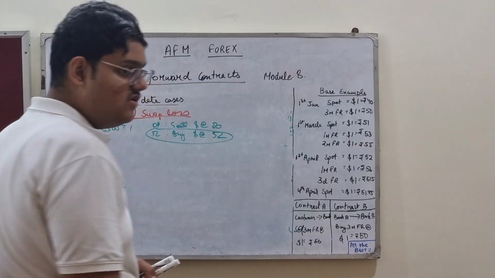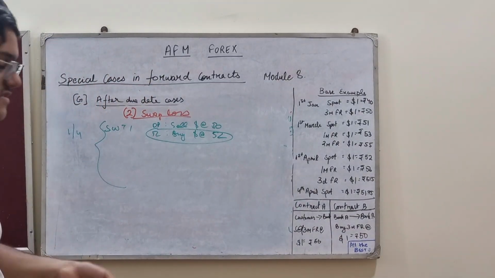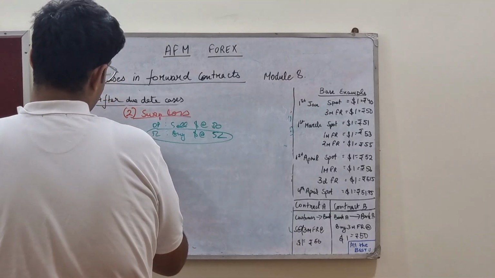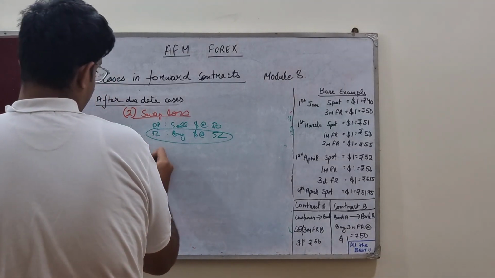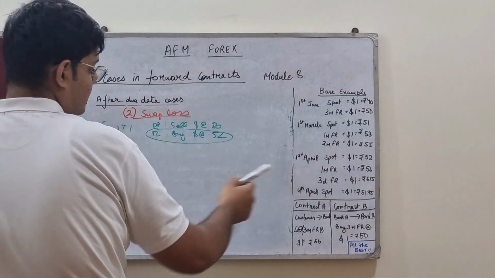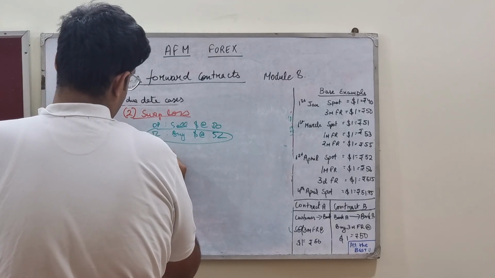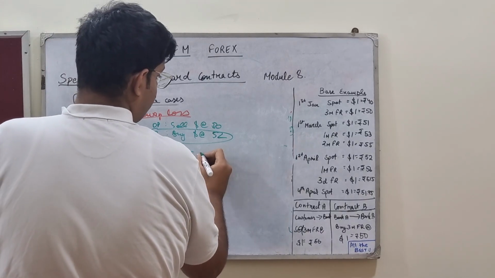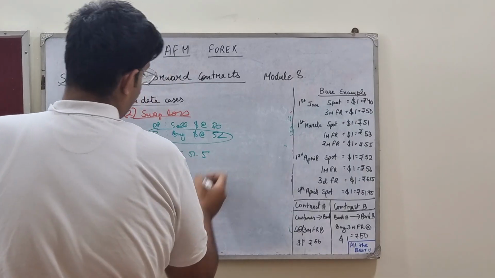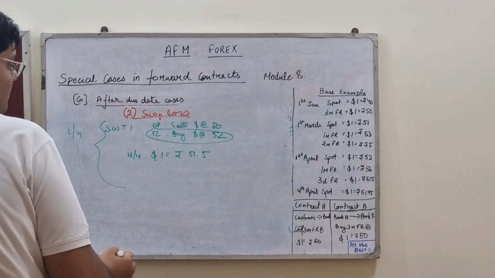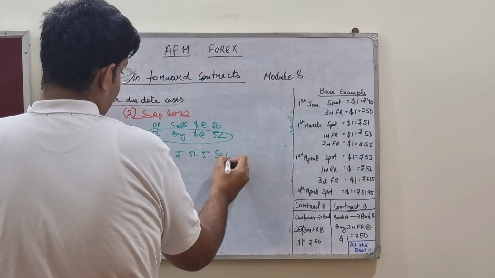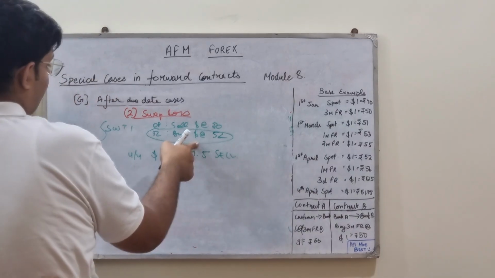Now RBI rules say that we have to take the nearest forward rate. So the nearest forward contract is of 4th April. That's a 3-day forward rate, which is at $1 equal to rupee 51.5. So here we have a sell of 51.5 and a buy of 52.